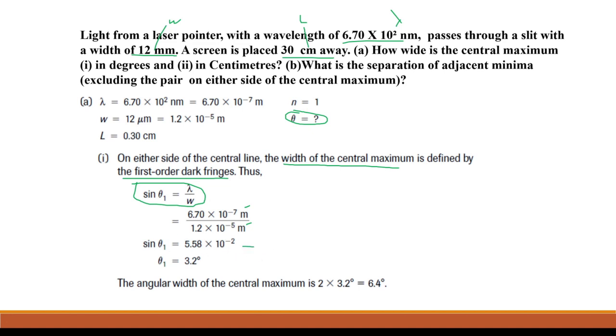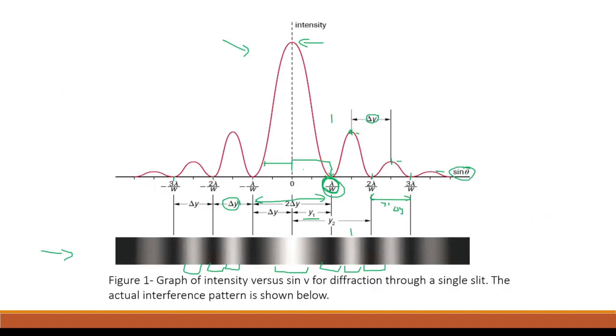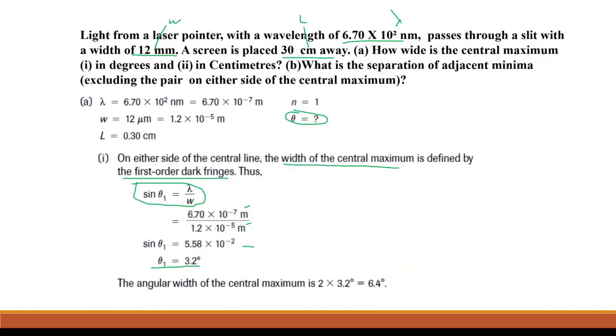Sine inverse this value, and we end up with this theta. And like we said, this is this half. So we need to multiply by 2 to get the whole angular width of the central maximum, which is 6.4 degrees.